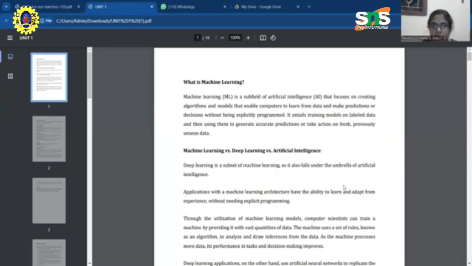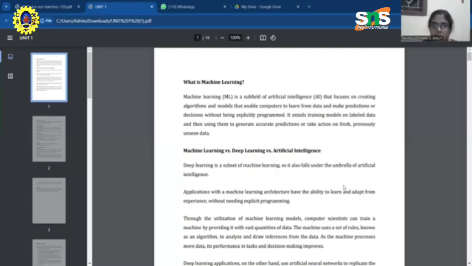This is done by labeling the data, training models, and then using that labeled data to generate accurate predictions. And the same process will be continued. So this is the working logic behind machine learning.